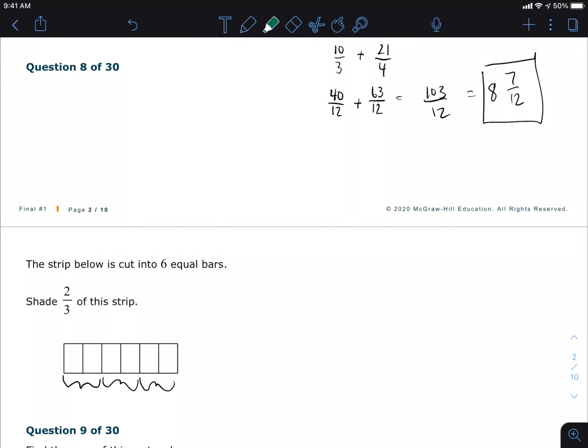And then to shade 2/3, this would be 1/3, and then this would be 2/3. So understanding how to break it up, the denominator is telling you to break it up into even groups of 3. Those even groups of 3 means there's going to be 2 rectangles in each group. All right?